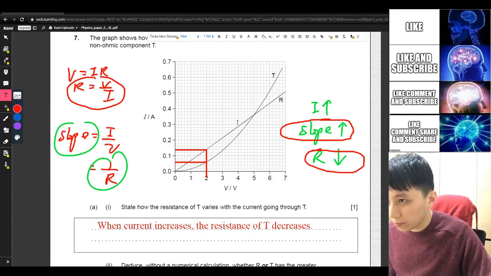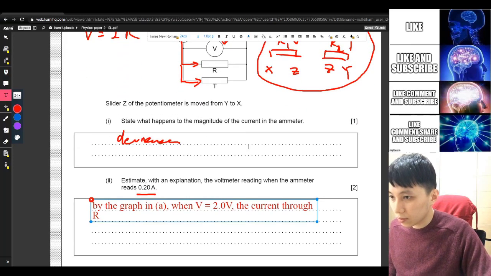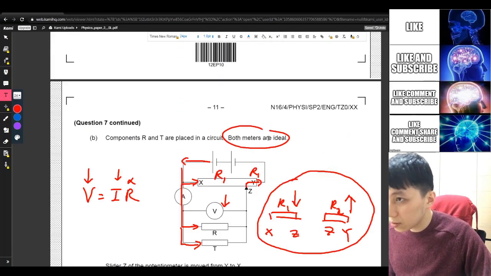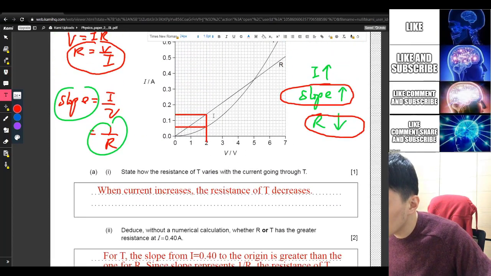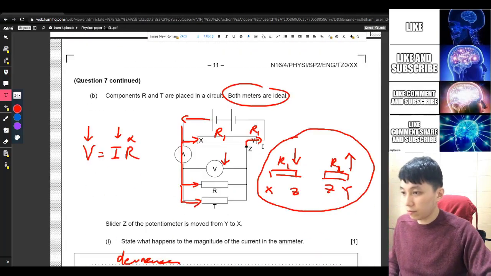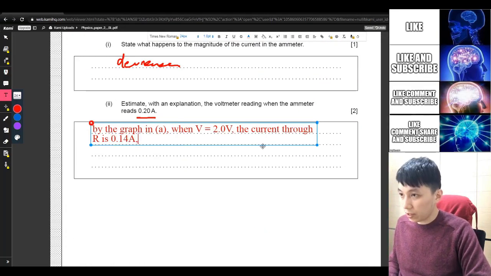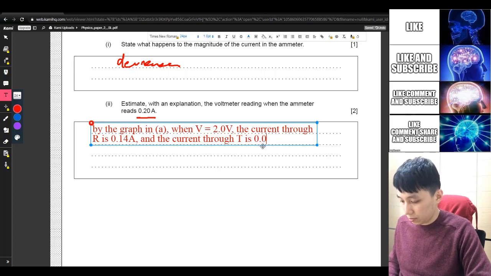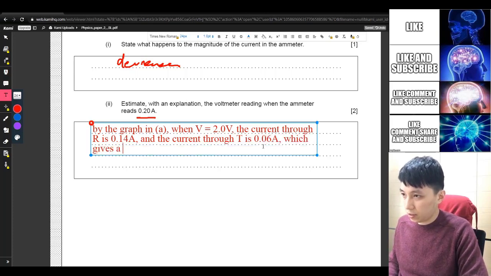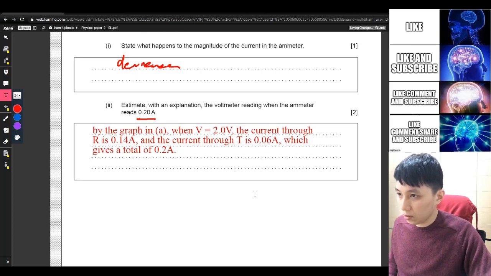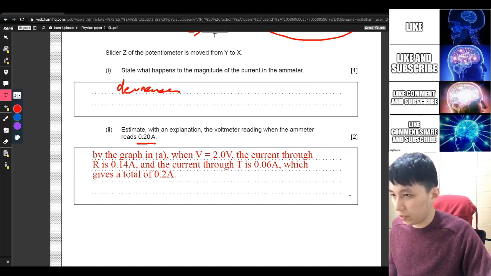Through R is 0.14 A, and the current through T is 0.06 A, which gives a total of 0.2. Yeah, so that's why the voltage is 2 V.